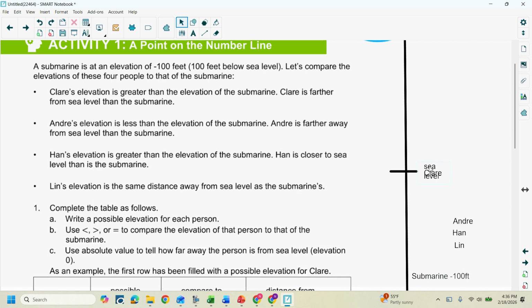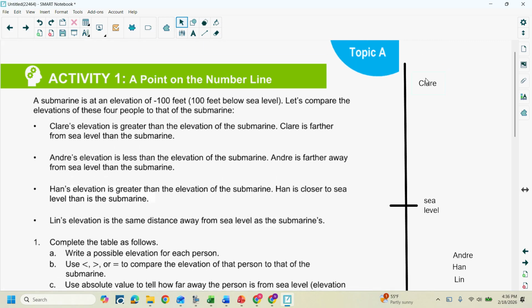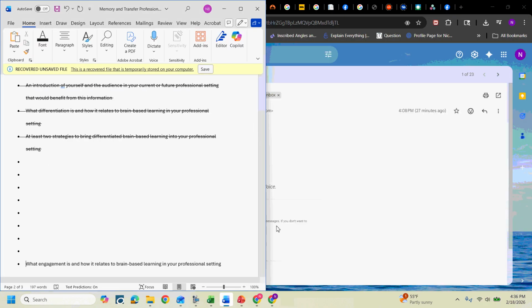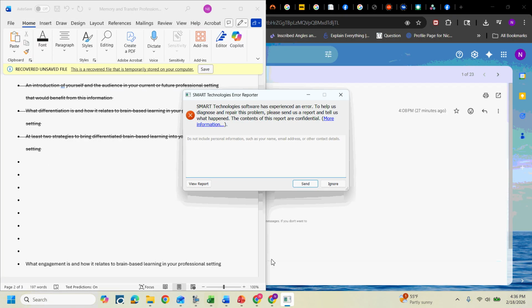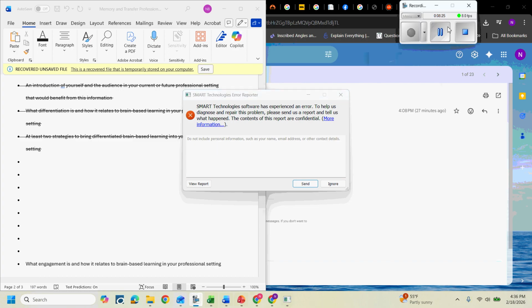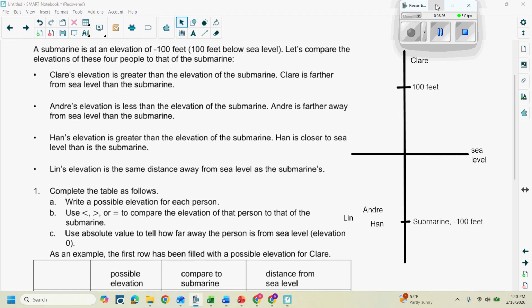And since she's farther from the sea level, she's got to be more than 100 feet away. So I'm going to, sorry, my tablet disconnected. Okay, I'm back. So Claire is up here over 100 feet away from sea level.